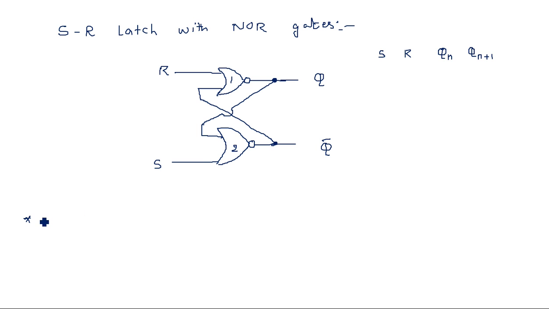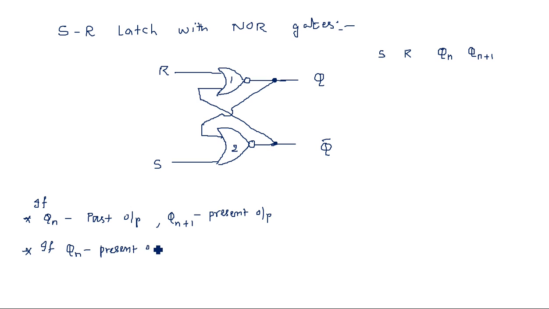Or, if Qn is treated as the present output, then Qn plus 1 will be the future output, or we can say the next output.